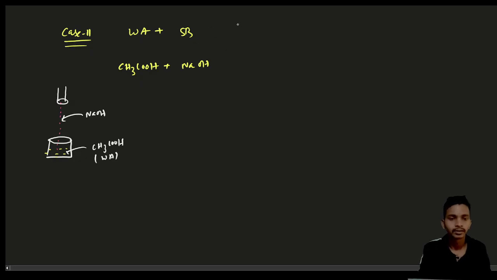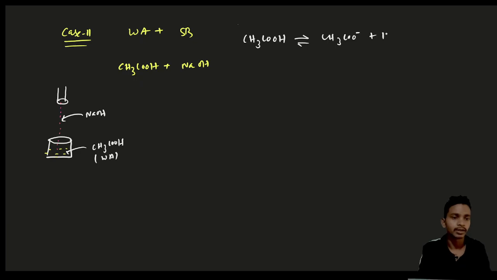You know that weak acids partially dissociate into CH3COO minus plus H plus, and when t equals 0, let's say 1 molar is there, then no dissociation has happened.